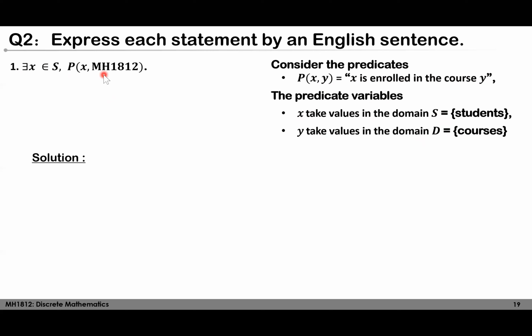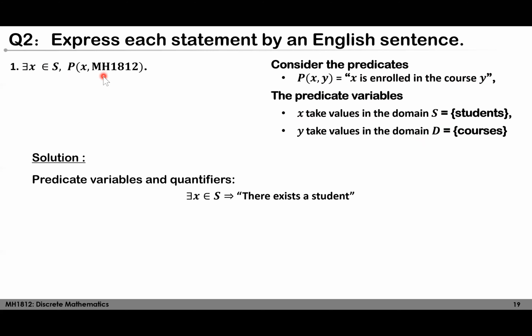So for the first sub-question, the predicate variables and quantifiers: there exists x in S translates to there exists a student, and the predicate P of x, MH1812.